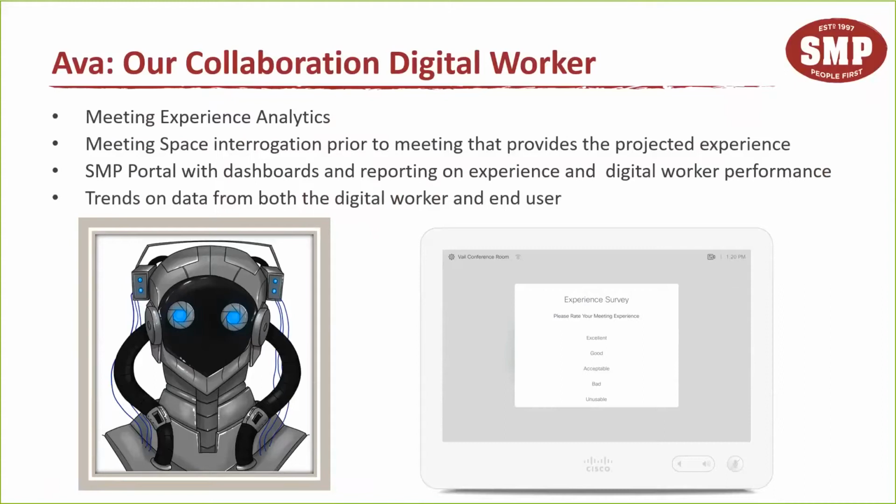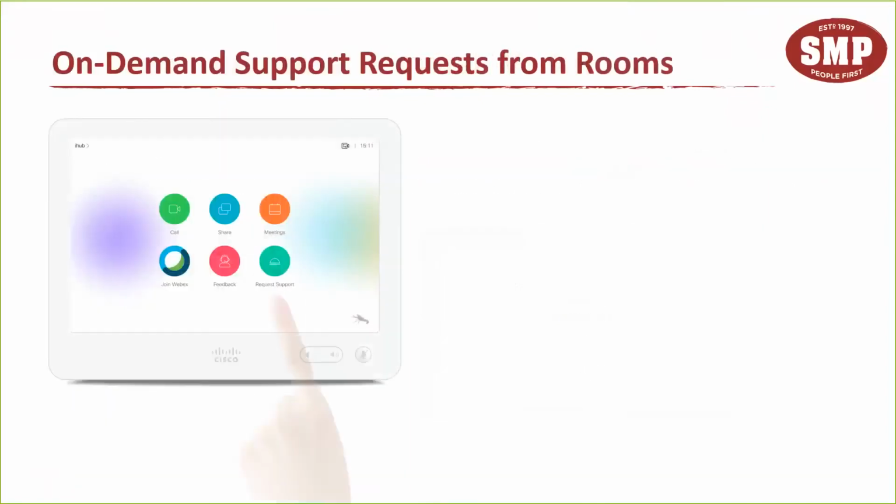Taking that information to troubleshoot in that environment, both from a codec standpoint, but also third-party tools for details on specific feedback that was just given by the user. Data and analytics are then available via the SMP client portal. This provides you with the visibility and reporting that you need as a person responsible for successful use of meeting room technology. And that's really what AVA is able to do for us.